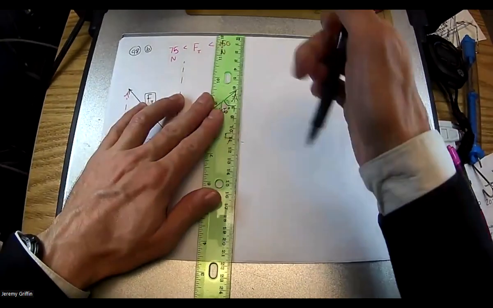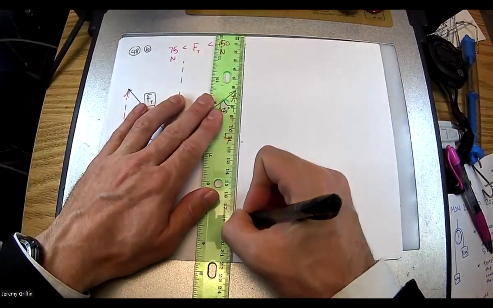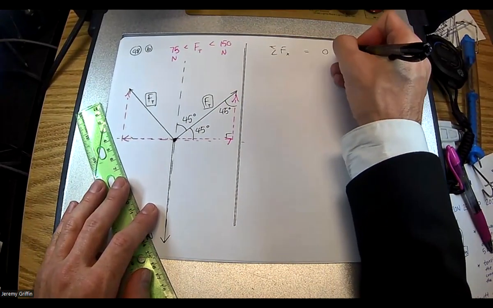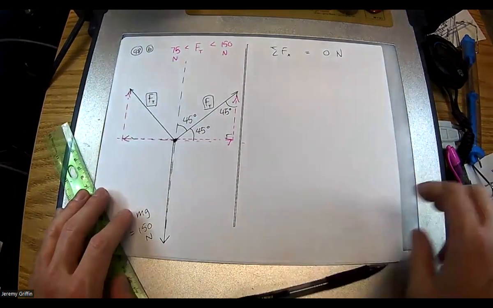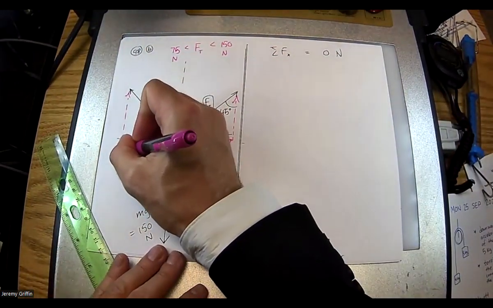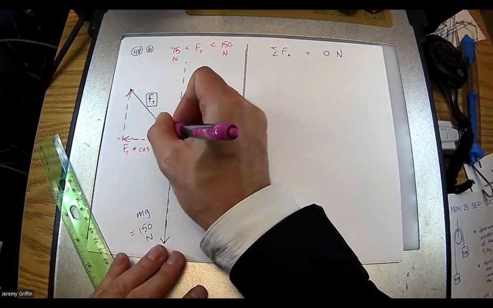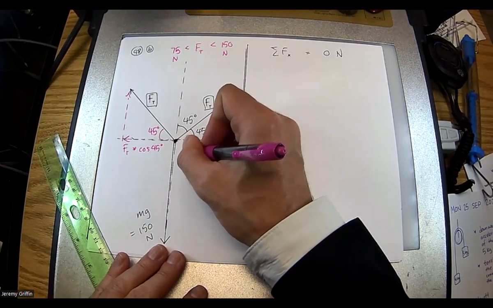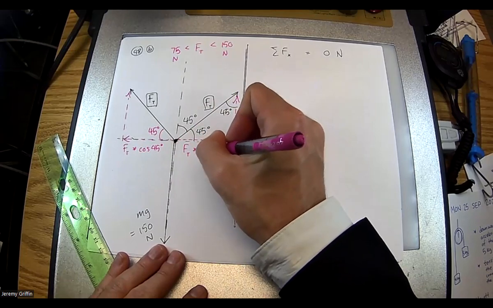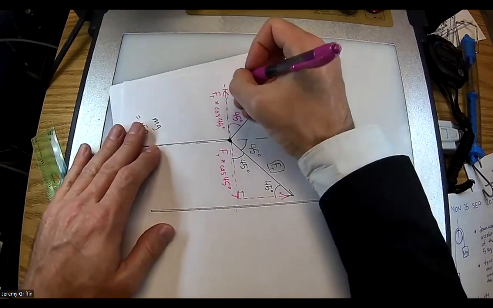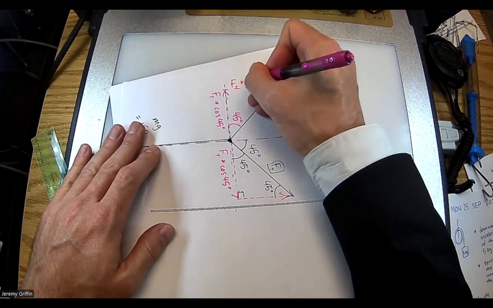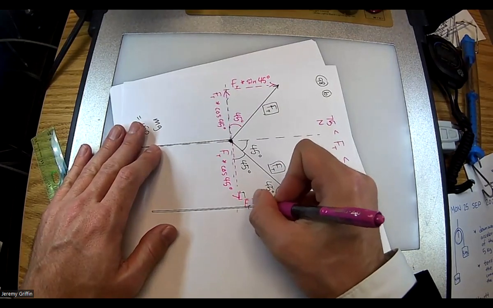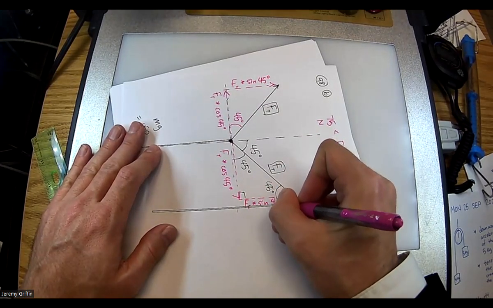Let's do the same method that we just did. So the sum of the forces horizontally has to go to 0, and then vertically the same story, but let's start with that one. So this would be F_T cosine of 45 degrees, this is F_T cosine 45 degrees, F_T sine 45 degrees, F_T sine 45 degrees.